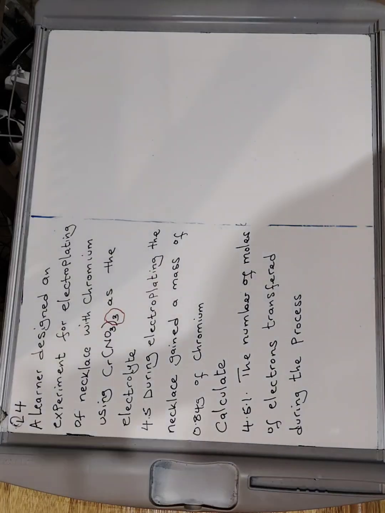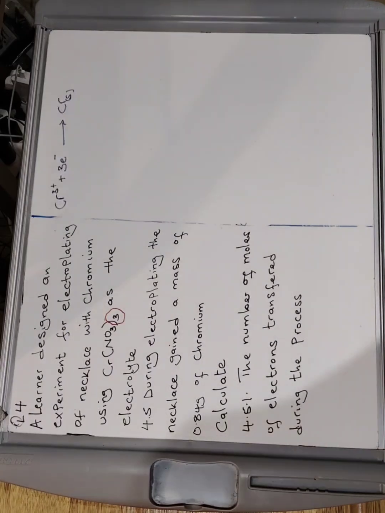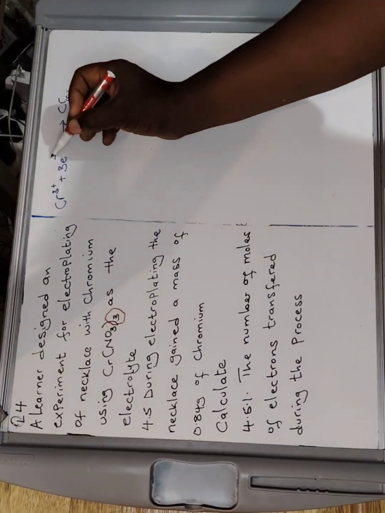What we need is the knowledge of the equation. What happens at the necklace? Chromium ions are being reduced to chromium metal. Let us look at that half reaction. Now, I want you to take note of this.